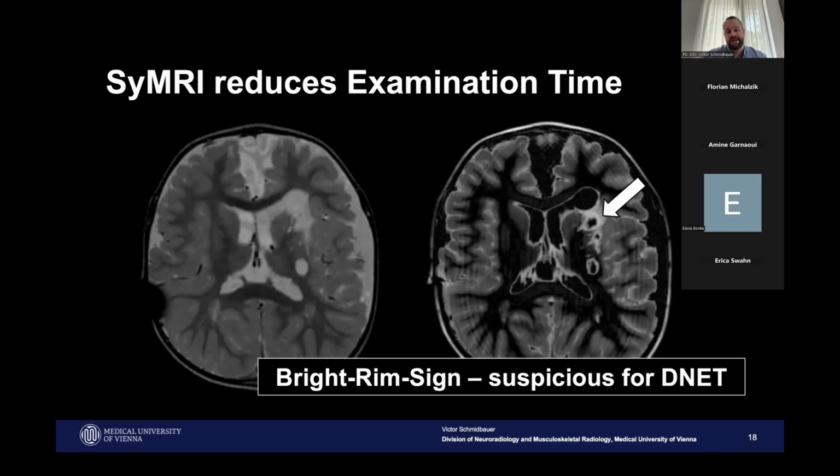And this case nicely proves how such a sequence may enhance the protocols and help us to further characterize lesions that are hard to interpret based on single sequence acquisitions or on CT-based imaging data.